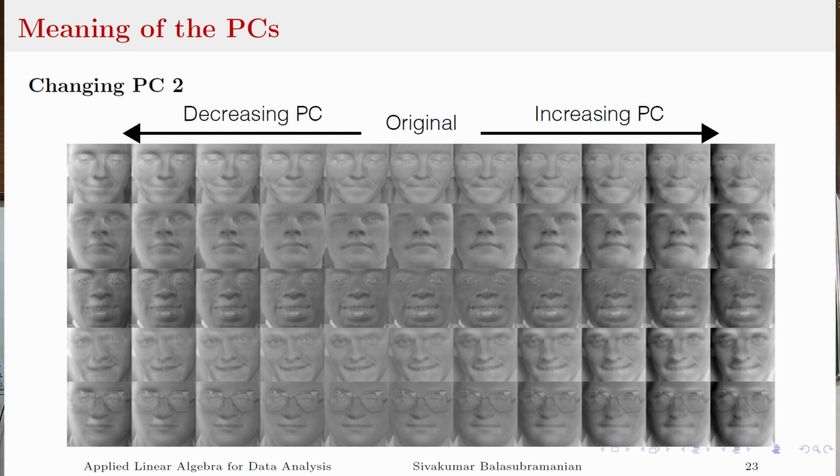Because you had different people, either not smiling or smiling, in this data set, the second largest variation has something to do with whether the face's lips are curved up, straight or down. That's one possibility. So here, for example, at least if I squint my eyes, it looks like this person is smiling more here than there. This person as well. So that is maybe one possible thing in your data set, that this could be related to that.